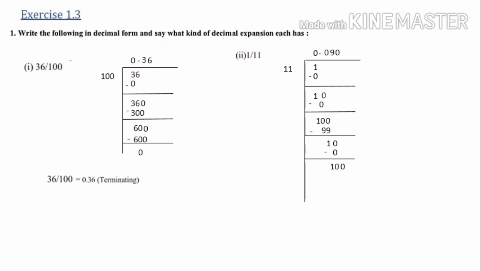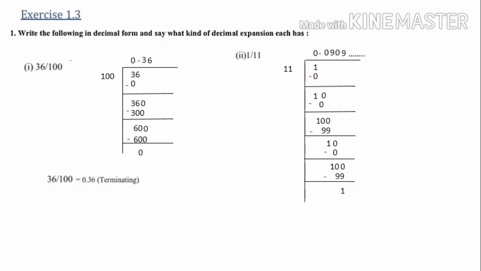Again one more 0 we have to put. That means 100 we have got. 11 will go approximately 9 times. So 9 into 11 is 99. Let's subtract it. So we will get the remainder 1. Again we have got the remainder 1, which means the same process will repeat.